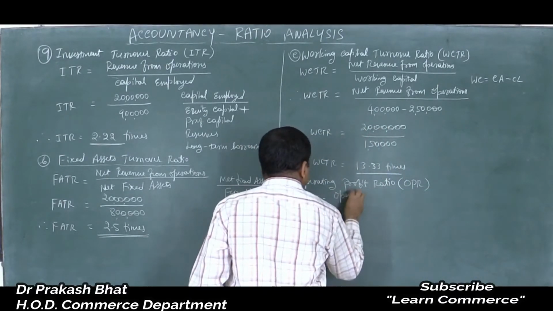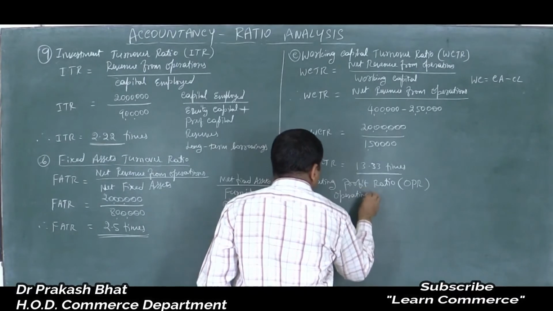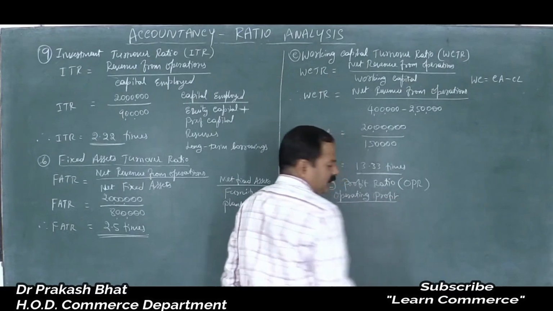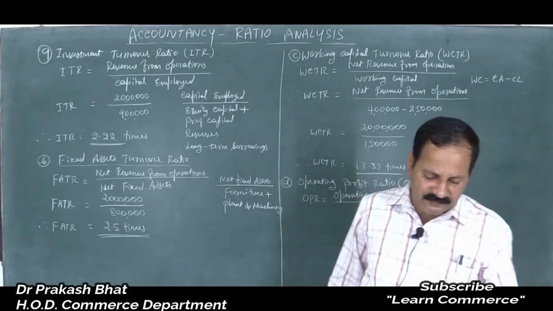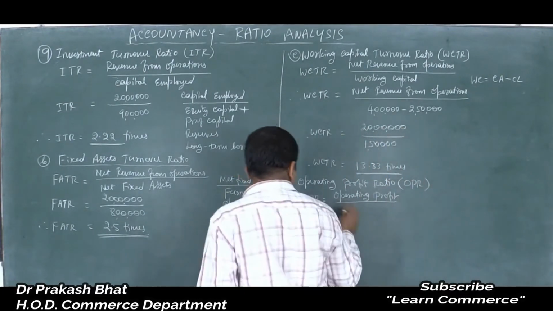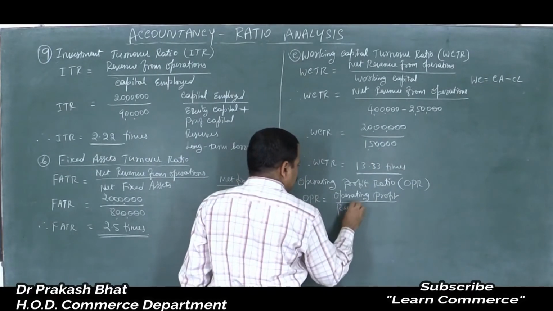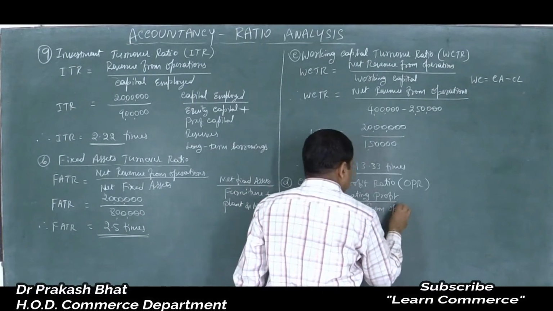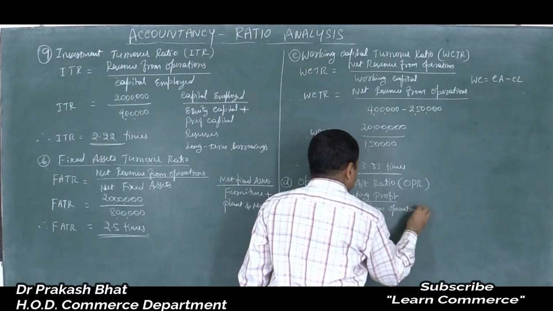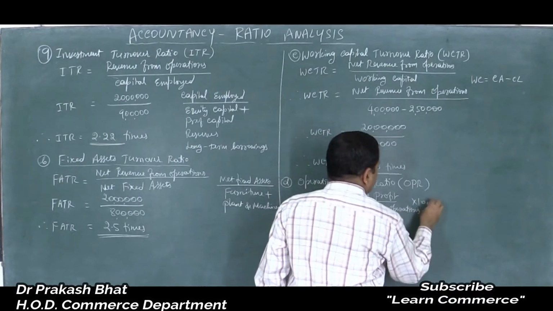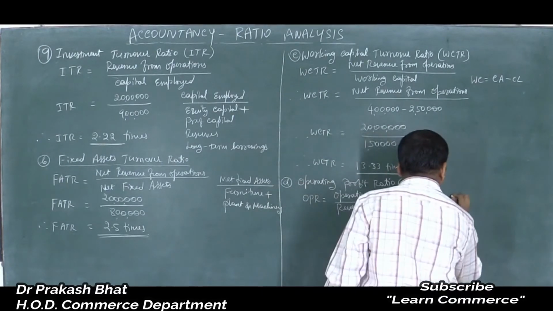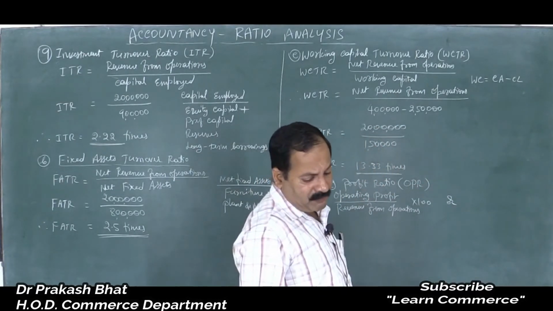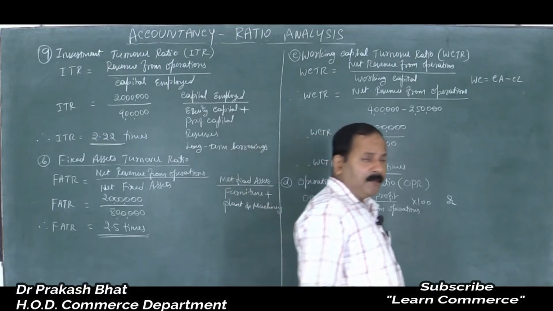Whether operating profit is given in the problem, I think operating profit is given. Operating profit divided by net revenue from operations into 100, or one more formula is there.